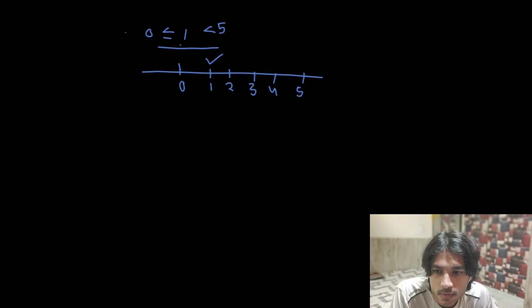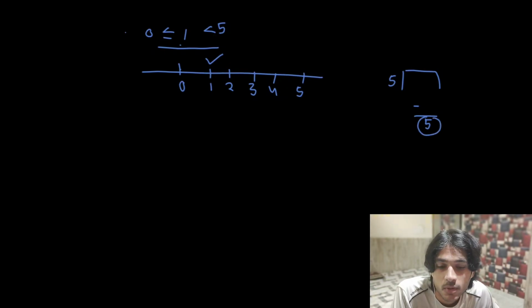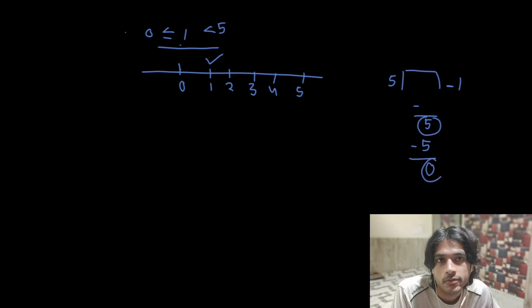Suppose that the remainder is actually equal to the divisor. Suppose I was dividing some number and after subtracting I got 5, and suppose my divisor is also 5. Then can 5 be a remainder? No, it can't be, right? Because I can always, whatever the question here is, simply write 1 after it in the quotient, and 5 minus 5 is going to be 0. And because 0 appears, we don't have to do it further, so 0 will be the remainder.